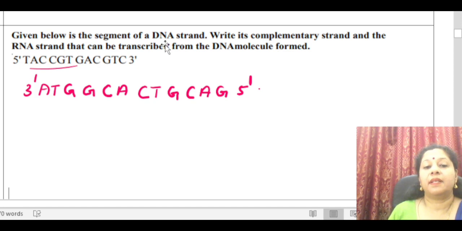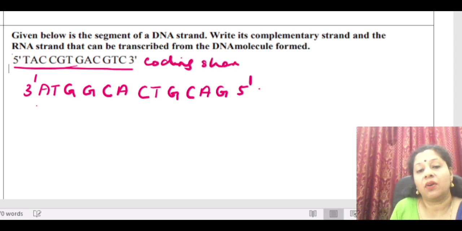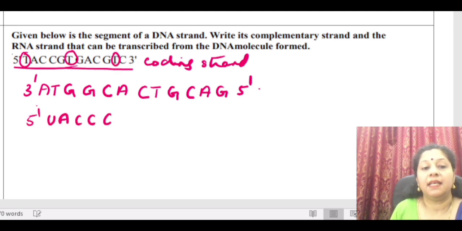Here is a small difference in the RNA strand. We cannot write the complementary to this, because the 5' to 3' strand is the coding strand. So the coding strand has the similar codons. The only thing is that thymine should be replaced by uracil. So now we get 5', U, A, C, C, G, U, G, A, C, G, U, C, 3'.